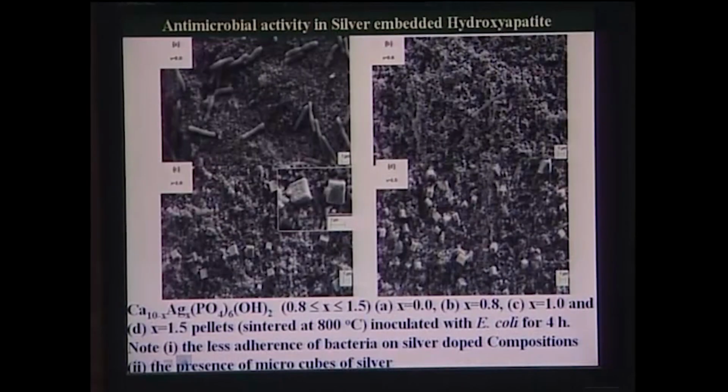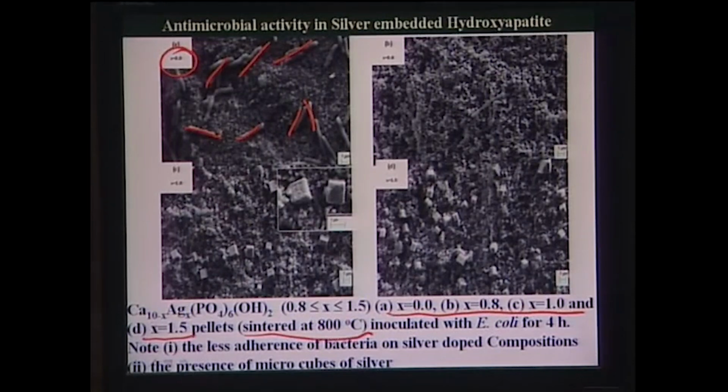Now, this antimicrobial property, as I said, we first checked using E. coli bacteria. These are the materials which were sintered at 800 degrees Celsius, where the substitution level was varied between x is equal to 0.0 and x is equal to 1.5. If this is x is equal to 0.0, what you see is long rod-like bacteria present on the materials.